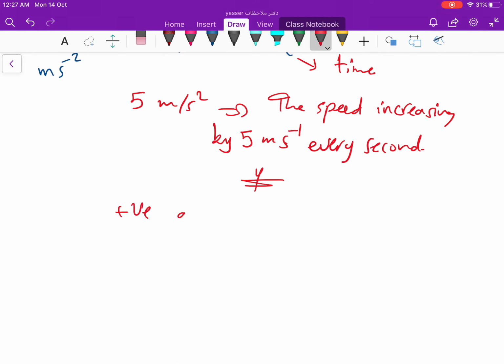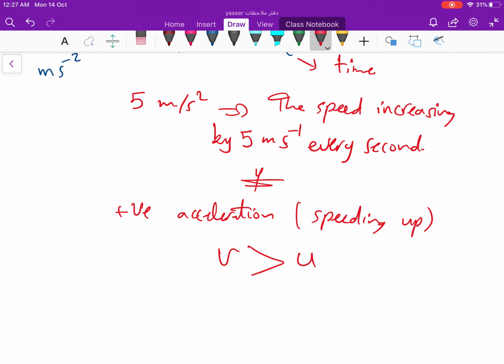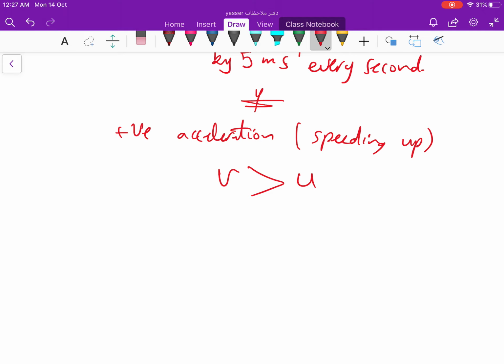If we have a positive acceleration, it indicates that the object is speeding up, and it means the final velocity is greater than the initial velocity. If we have a negative acceleration, sometimes they call it retardation or deceleration.